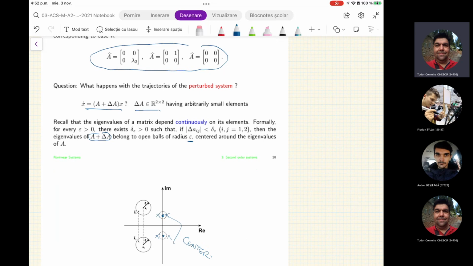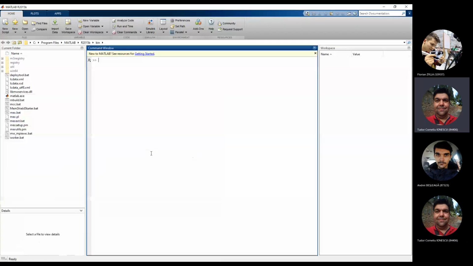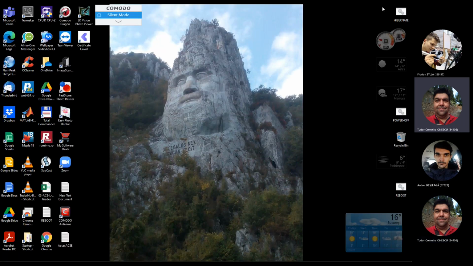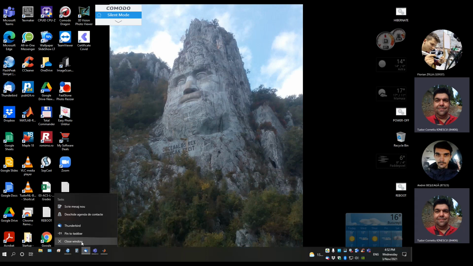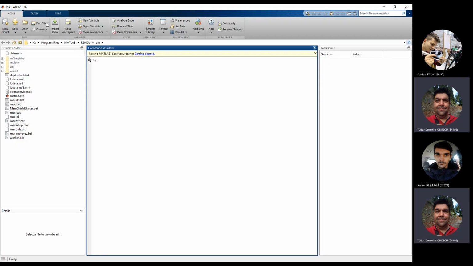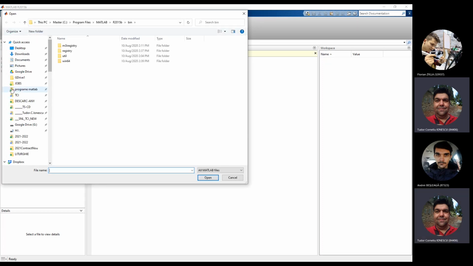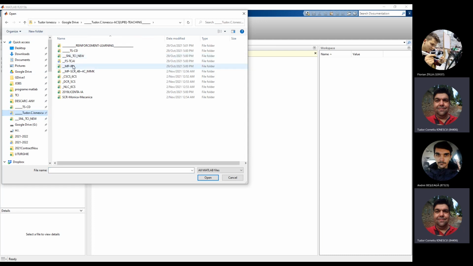Okay, MATLAB has started. Let's see if we can change the share screen. The share screen has changed. All right. Let's open some programs for this lecture, some M files. Nonlinear software.